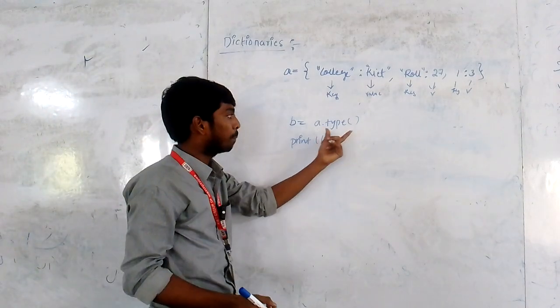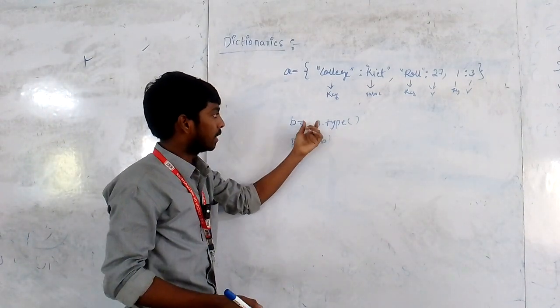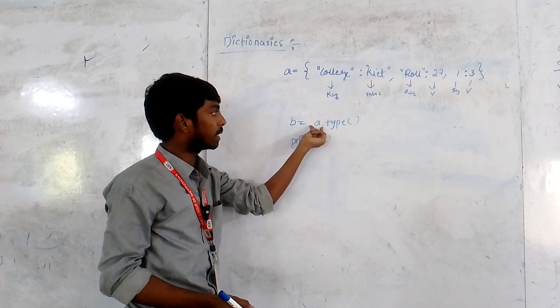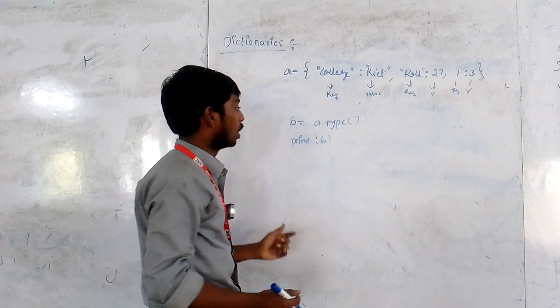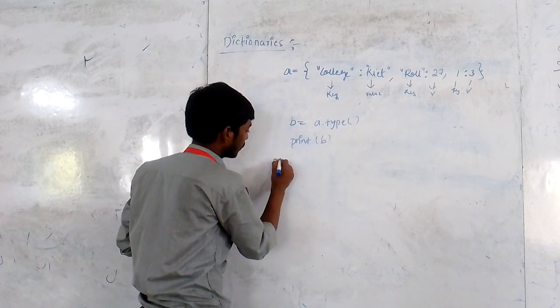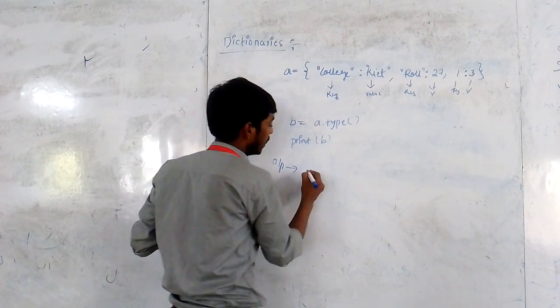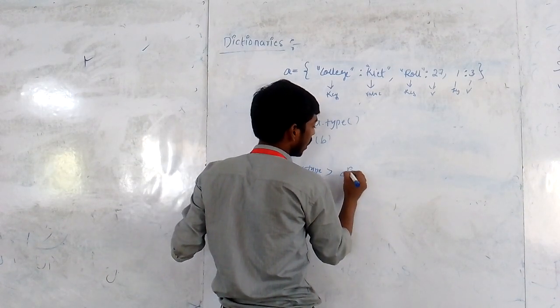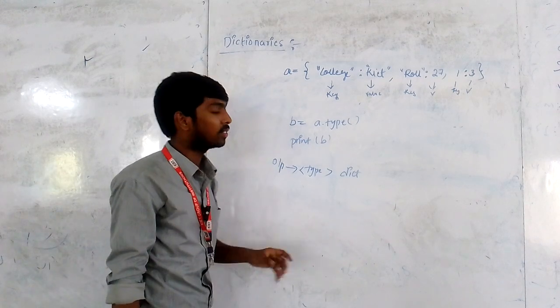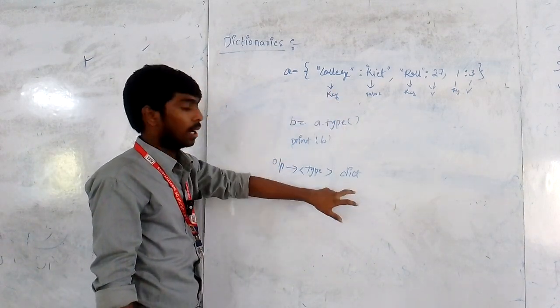This type method will tell us which type this a belongs to. So a is nothing but a dictionary. So the output will be type dict, which means this belongs to dictionary.